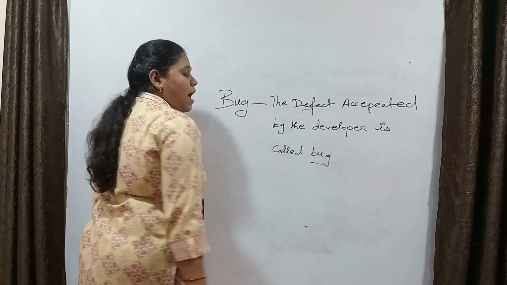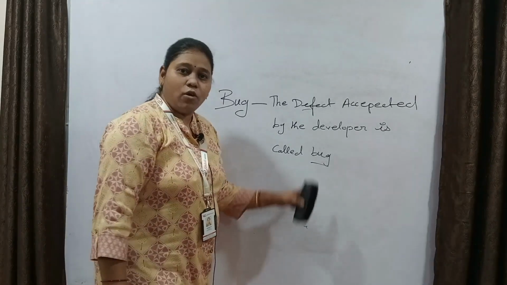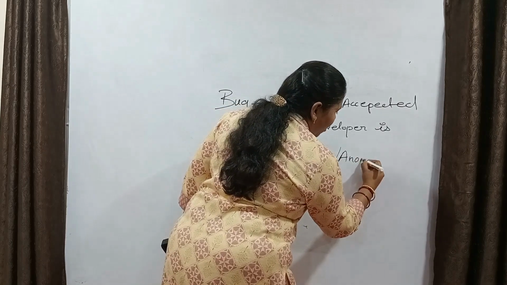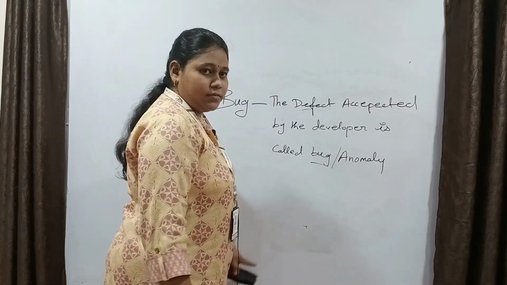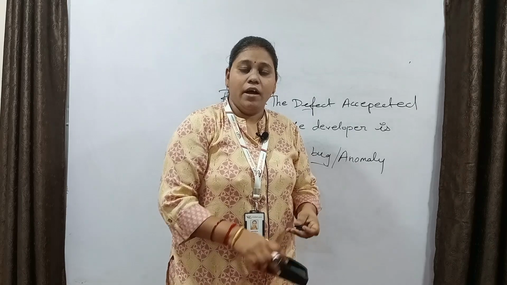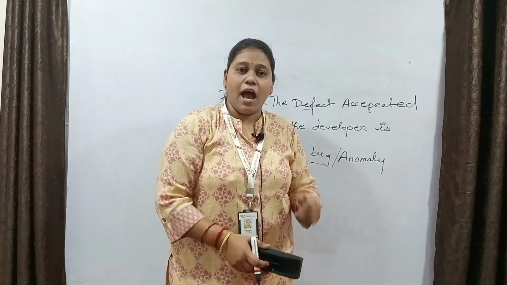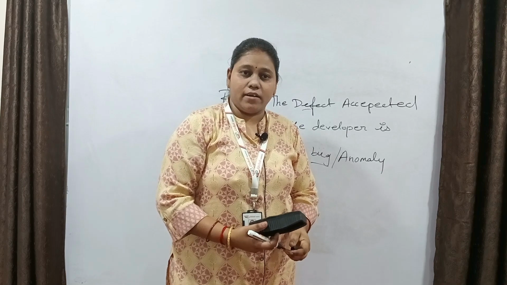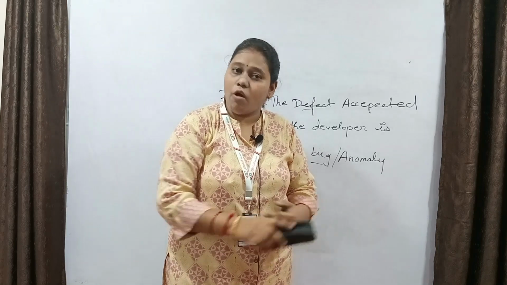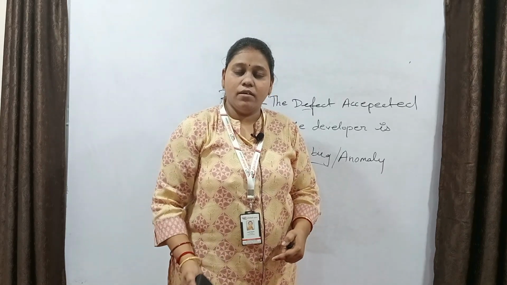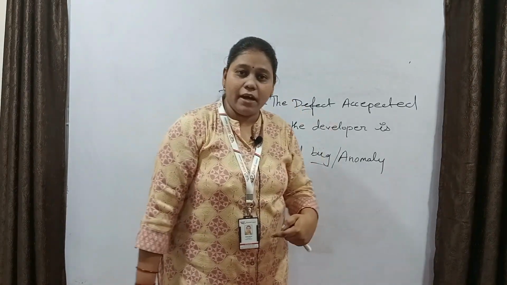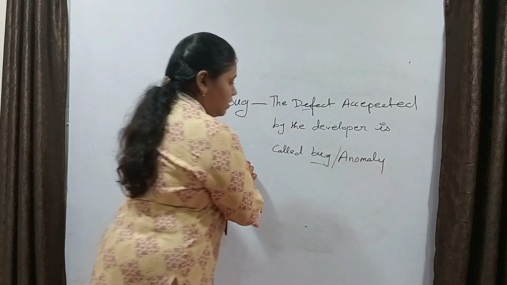For bug we have another name also, anomaly. So what is error? Mistakes in the coding part during developing the application are called error. What is defect? If, during testing, the expected value is not equal to the actual value, it is called defect. And the defect accepted by the developer is called bug. Okay.